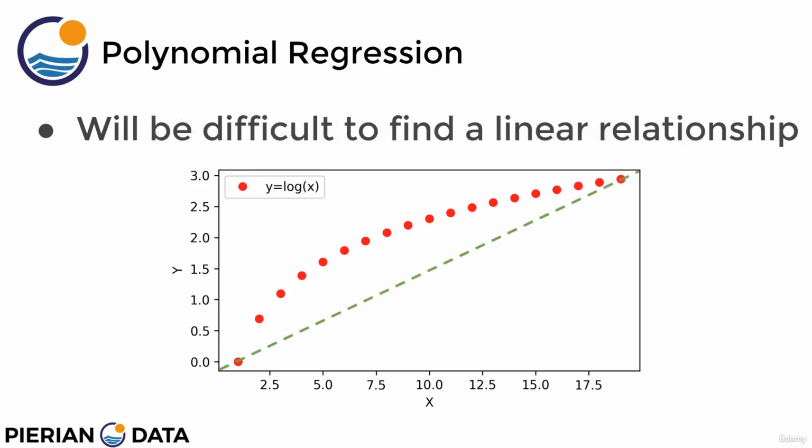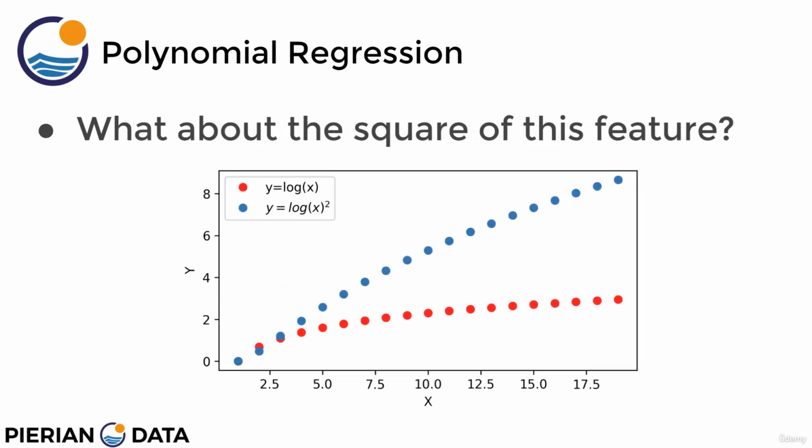Well, unfortunately, it's going to be difficult if we just apply linear regression to a feature like this to find a beta coefficient that accurately grabs information from this feature, because it's difficult to find a linear relationship on this logarithmic curve. But what about the square of this feature? Hopefully this helps you with the intuition and motivation behind exploring higher orders.